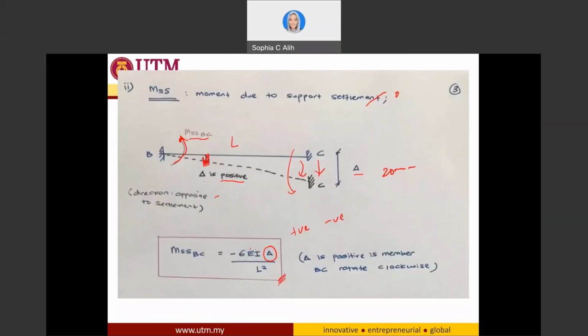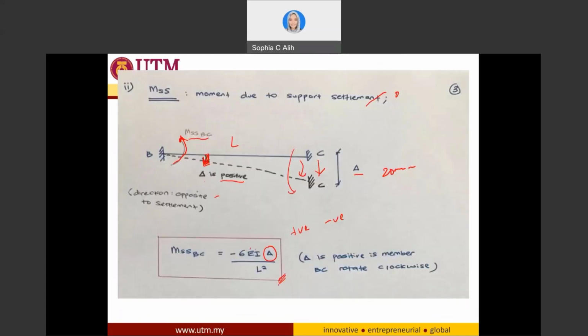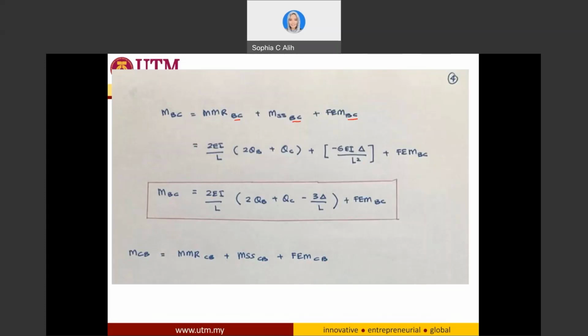I can just use the equation that I have here: MMR BC equals 2EI over L times (2 theta B plus theta C). This one is due to member rotation, and I also have, due to support settlement, negative 6EI times delta over L squared, and I will also have the fixed end moment for BC. So I'll just put it in my equation.